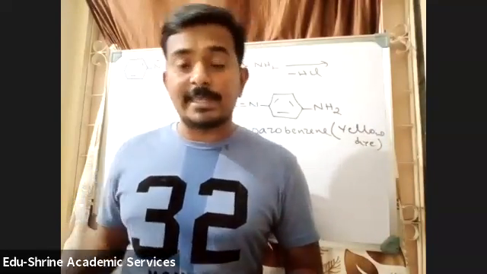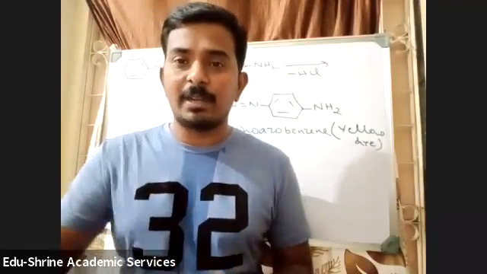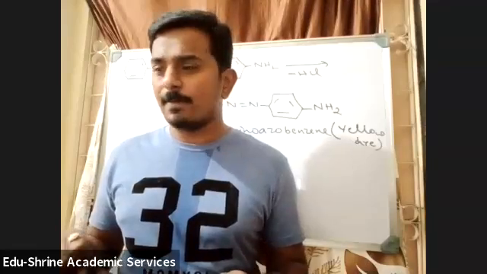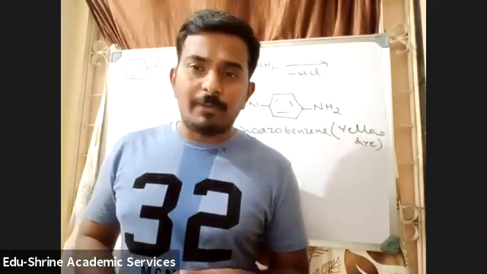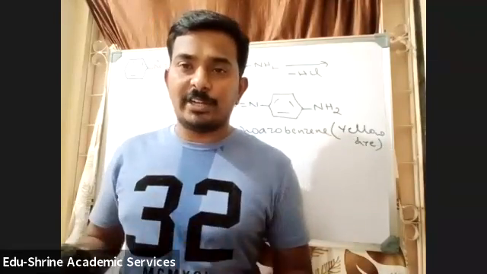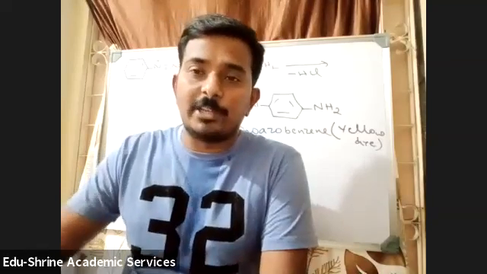Then we were discussing alkynes, right? Where did we stop, do you remember? I remember ozonolysis is done for alkynes. What was the last reaction in chemical properties? Electrophilic addition reactions we have done: addition of HBr, addition of H2O in the presence of mercury.